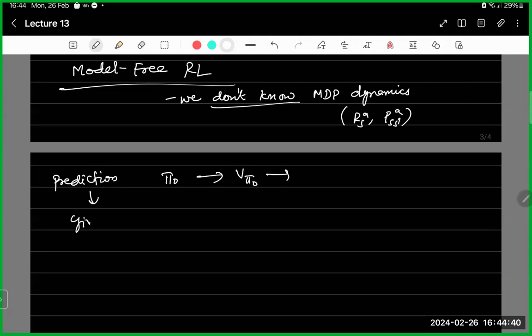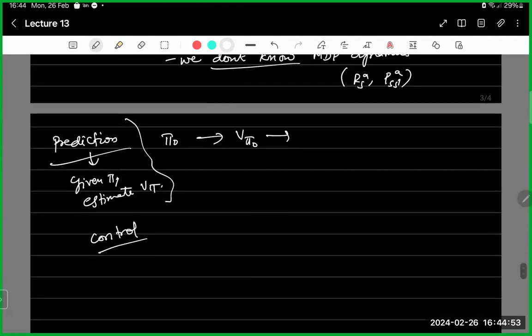Prediction is: given pi, estimate V pi. That is the prediction problem. The other problem is referred to as the control problem, which is to find pi star. Finding the optimal policy is referred to as control, as in deciding what actions to take.